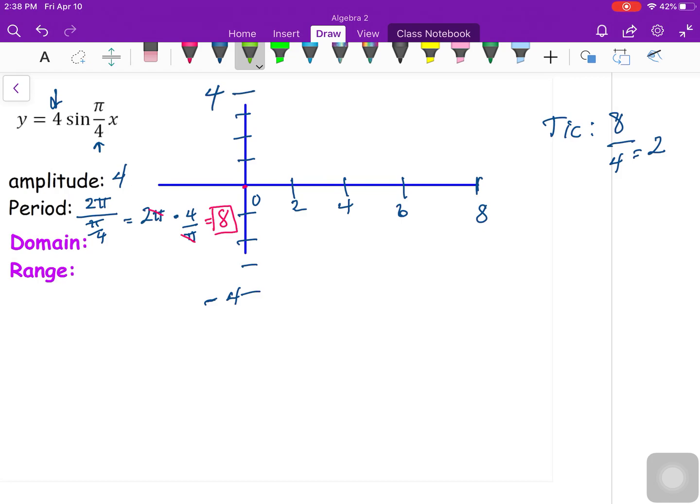Ready to plot my points. Sine started at 0, 0. Then we go up, back to 0, down, back to 0. My domain, x is all reals because it is cyclical on the x-axis. My range went from -4 to 4.